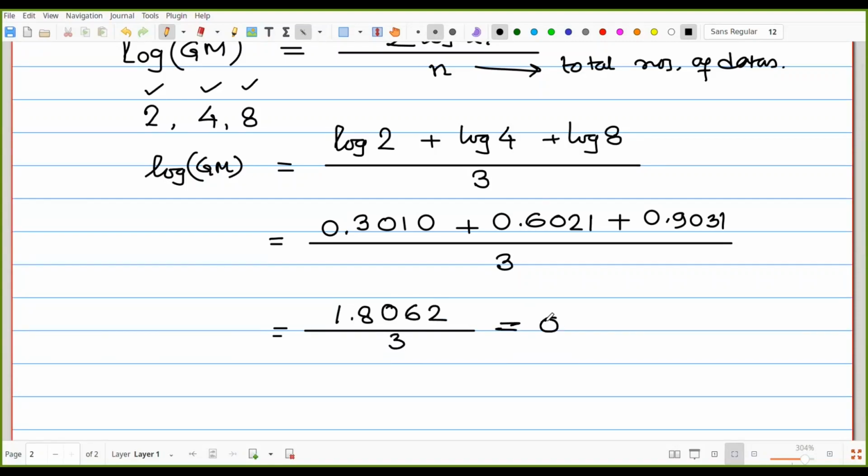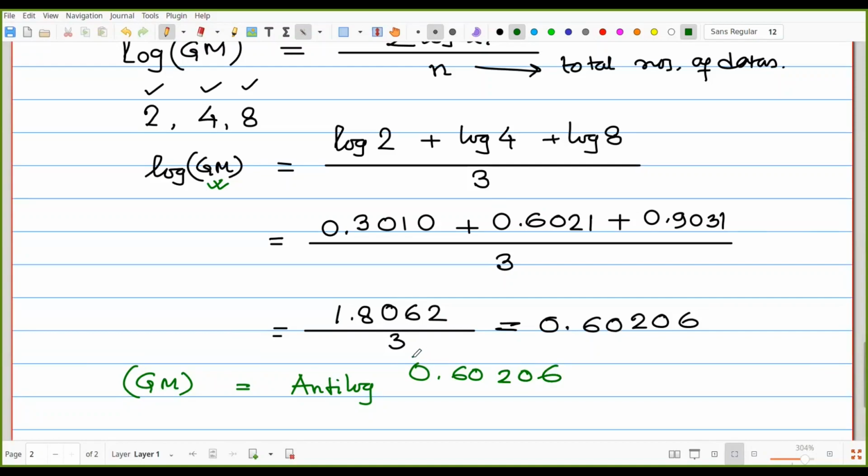That one is equal to 0.60206. Now that is not the end, because we have to find out the geometric mean, not the logarithm of the geometric mean. So for the geometric mean, we have to find out the antilog of that particular value. So we can write antilog of 0.60206.